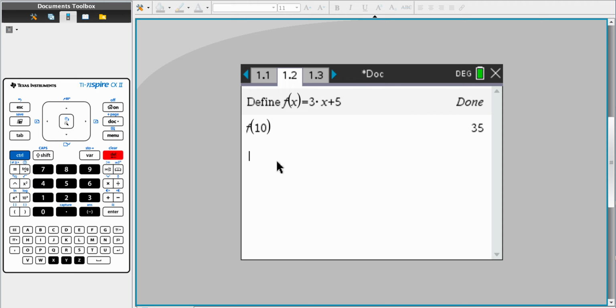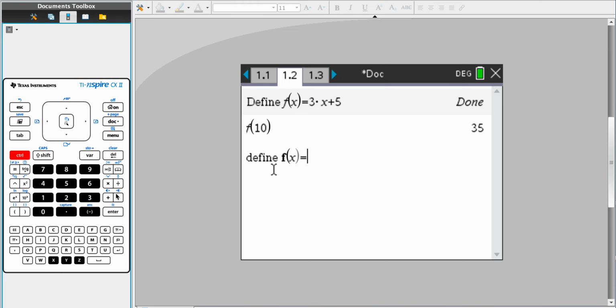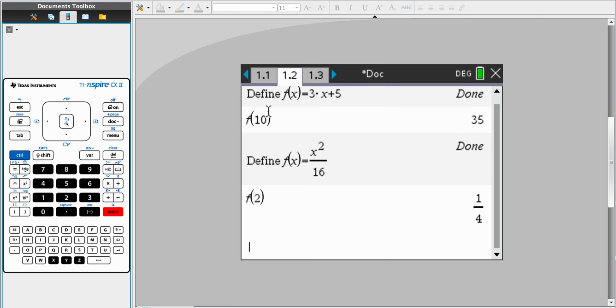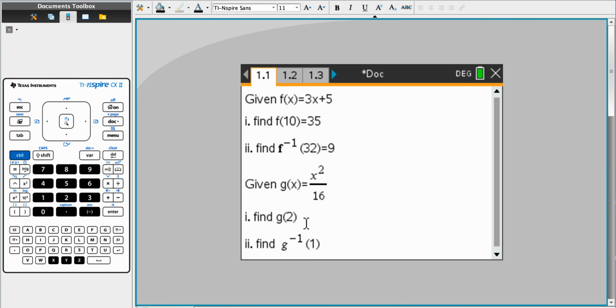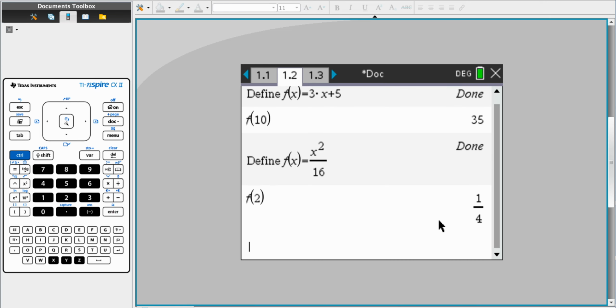Okay, so I need to type define f(x) equal, and input a fraction, x squared over 16. Alright, once it's done, it overrides the previous f(x), and we are looking for f(2). That should be 1 over 4. So the g(2) here, or f(2), is 1 over 4.